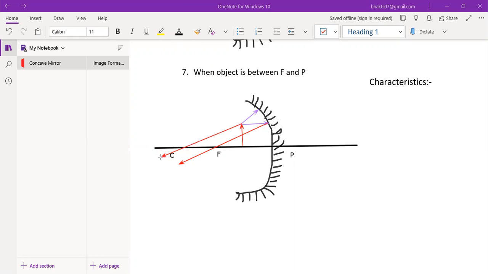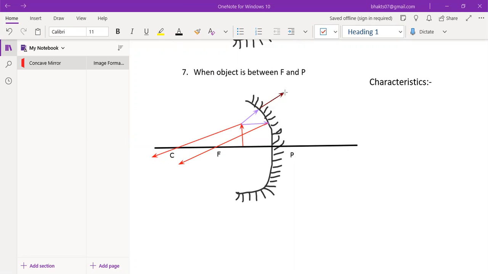Now here what actually happens is these two purple arrows which you all can see, they meet each other behind the mirror.